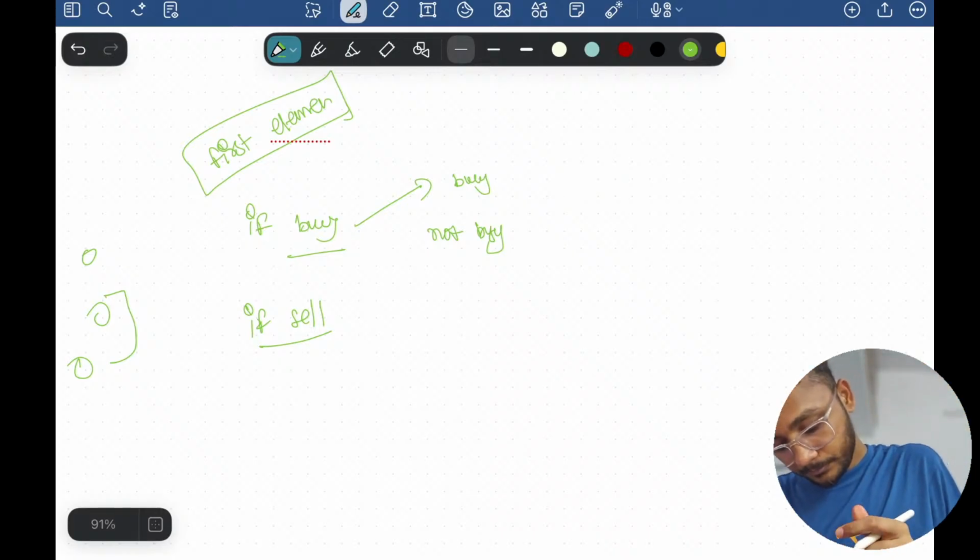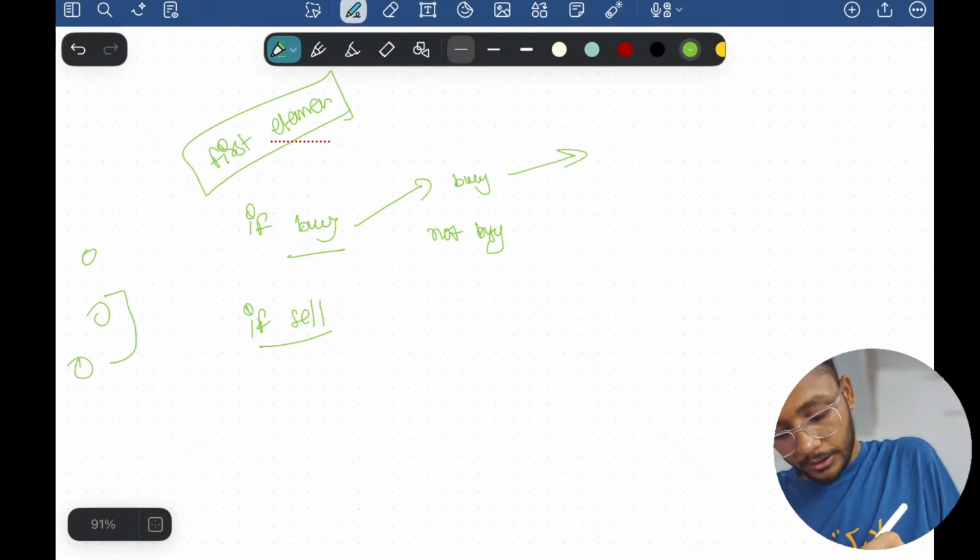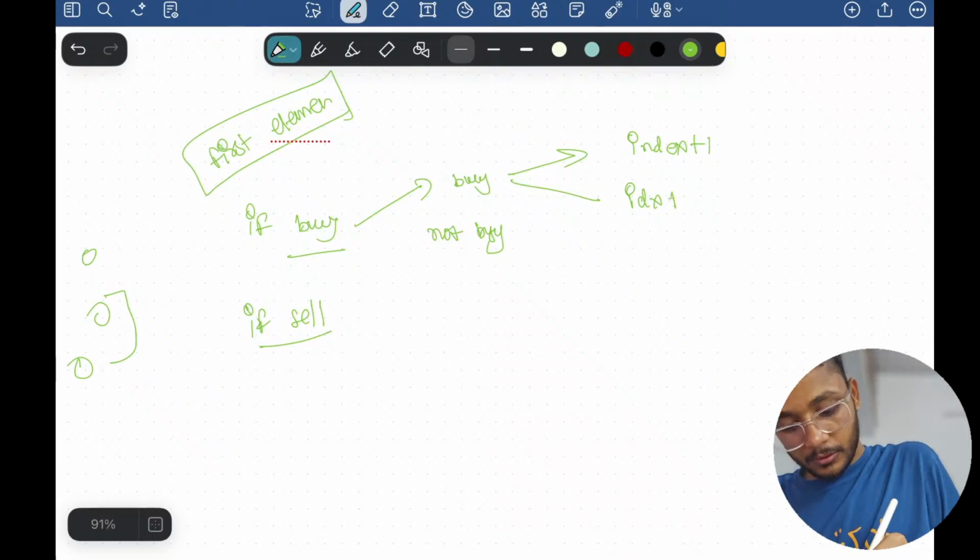So if you are buying, index plus 1, it will always be index plus 1, first thing.